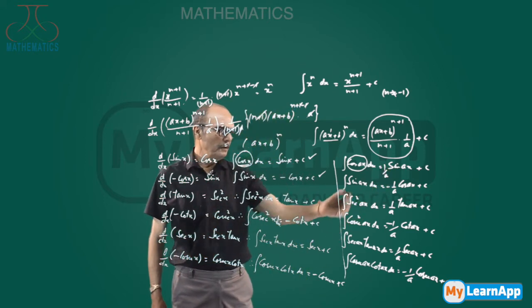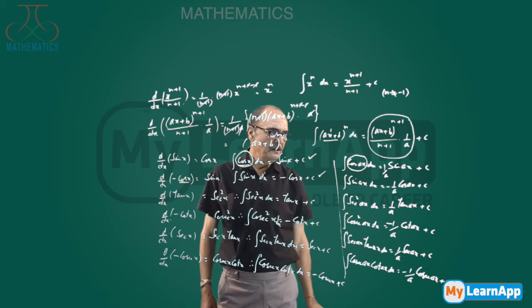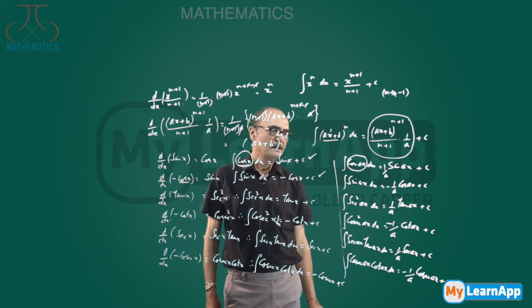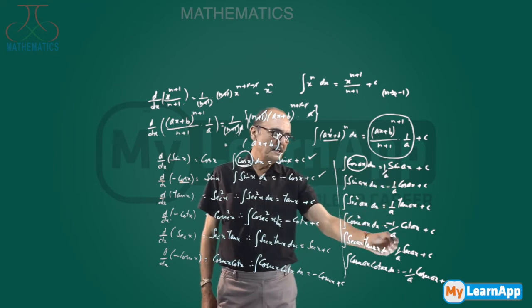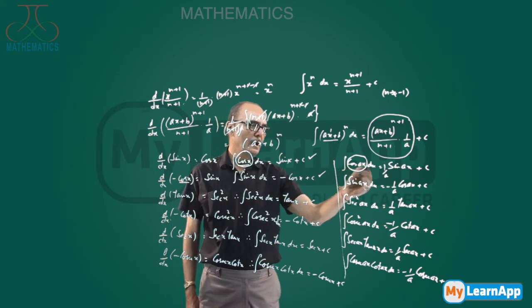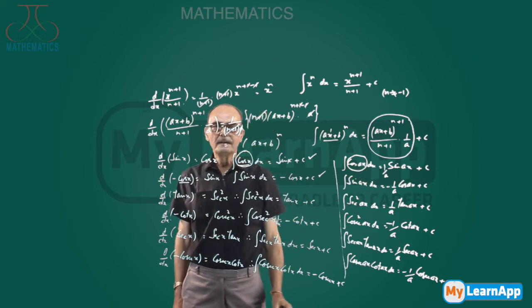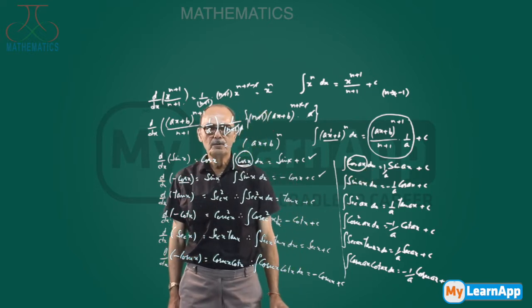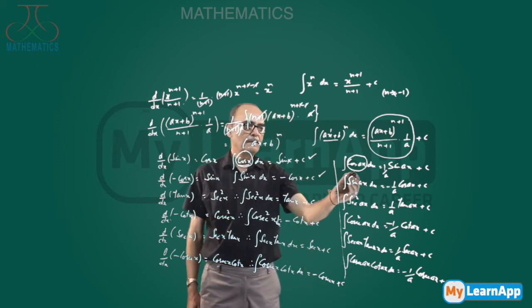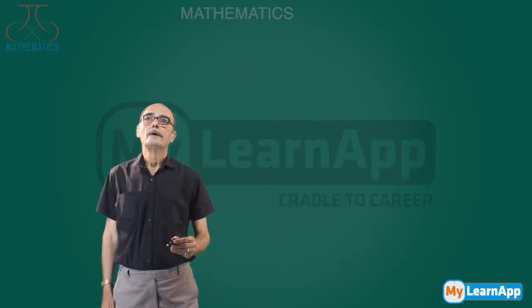Well, these will be proved later on with the help of either differentiating the right hand sides and then obtaining this result, or by a method which we shall proceed in the subsequent chapter as substitution method. By that method also we shall be able to prove these results.